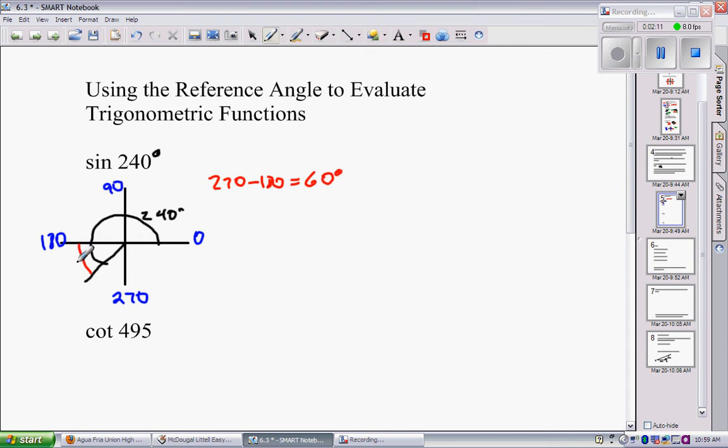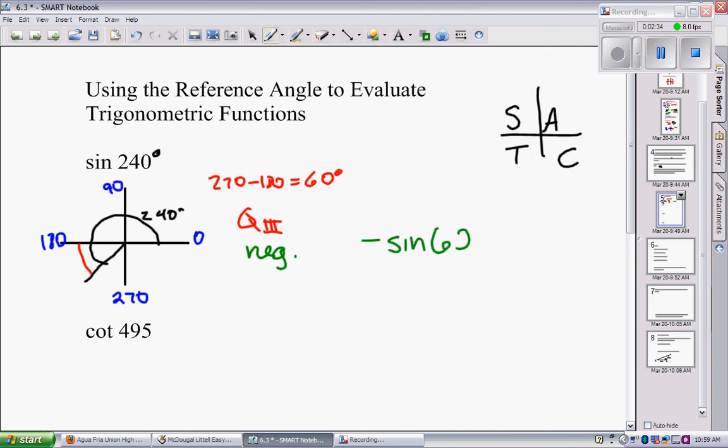And we are in quadrant 3. So we use our trick, and we see that sine is going to be negative in quadrant 3. So we are now looking for the negative sine of 60. Well, we know 60 degrees.